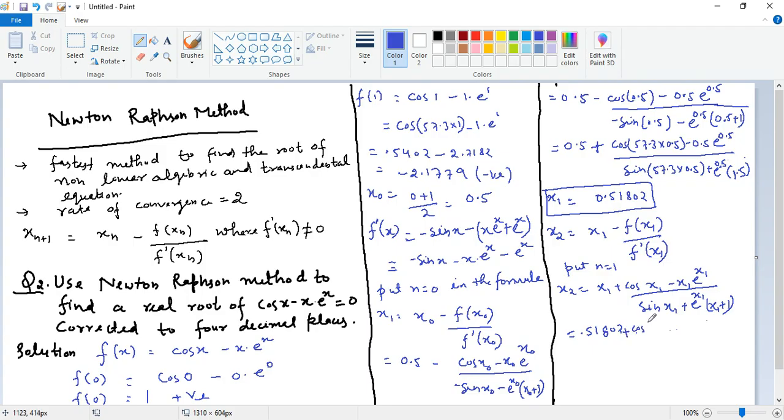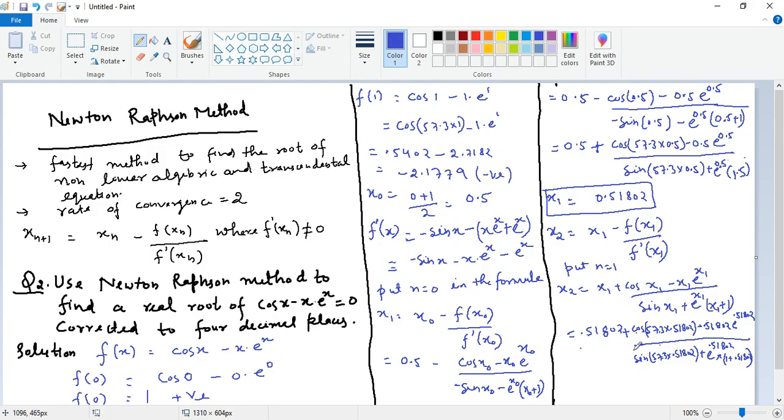plus cos 57.3 into 0.5180 minus 0.5180 into e to the power 0.5180 over sine x1, sine 57.3 into 0.5180 plus e to the power 0.5180 into 1 plus 0.5180.